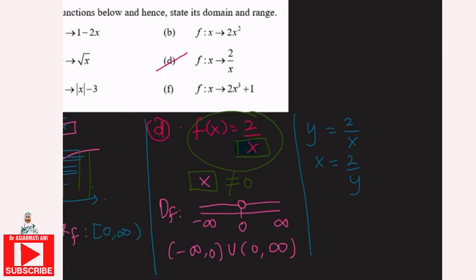Now the denominator is y, and it cannot be 0. y refers to the range. So y is not equal to 0, all from negative infinity to infinity except 0. So the range is from negative infinity to 0 union 0 to infinity. That settles part 2D.